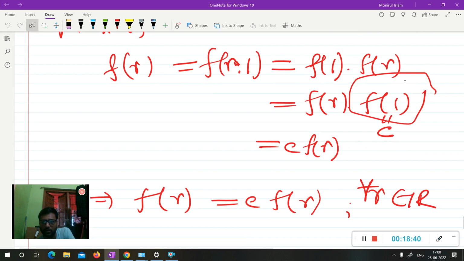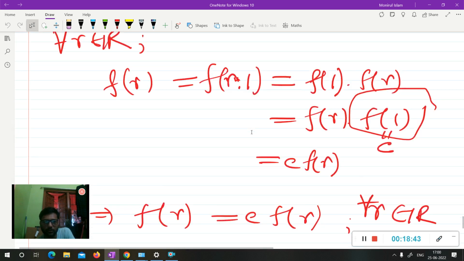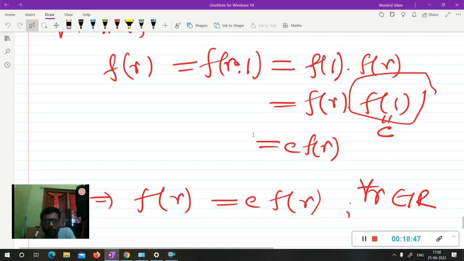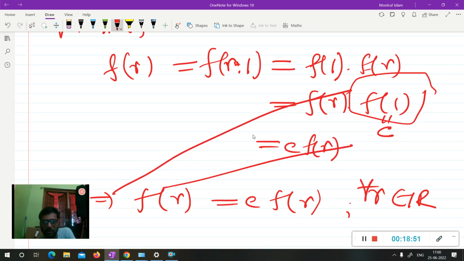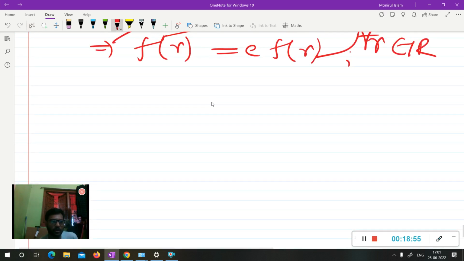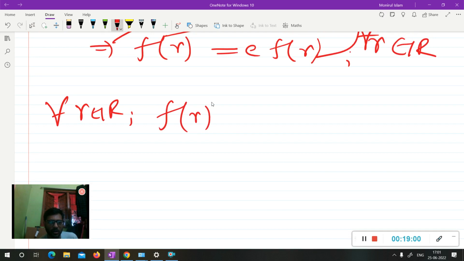For all r belongs to R, f of r, you can write like r into f of 1.